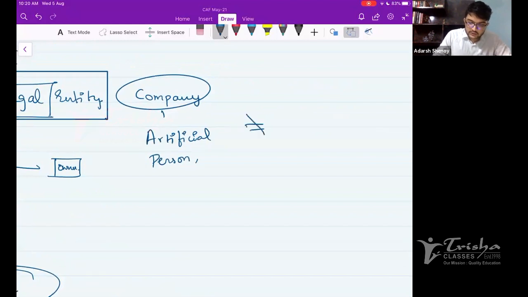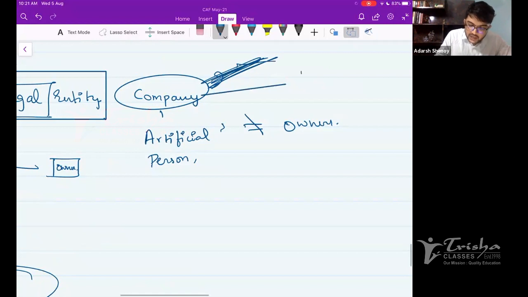So as per law also, the owners and the business are not the same. In accounting anyway, we don't treat it as the same, but as per law also, this has a separate legal entity. So you see, the companies are taxed separately. Owners are also taxed separately.